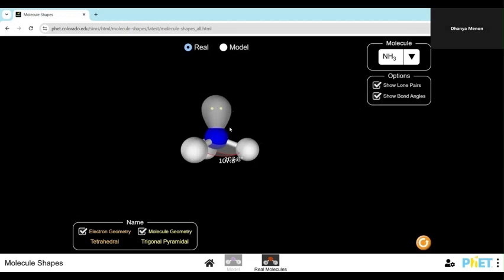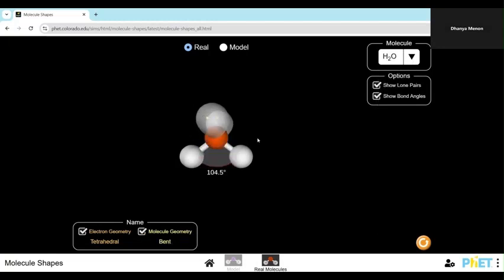There is one lone pair of electron, and the bond angle is 107. Now, it should have been 109 degree, but it is 107 degree. Because of what? Because of lone pair, bond pair repulsion. Okay. In case of water, there is repulsion between lone pair and lone pair, and also repulsion between lone pair and bond pair.